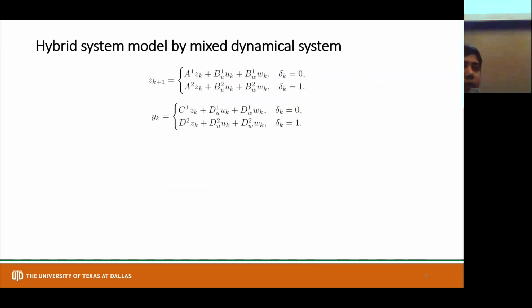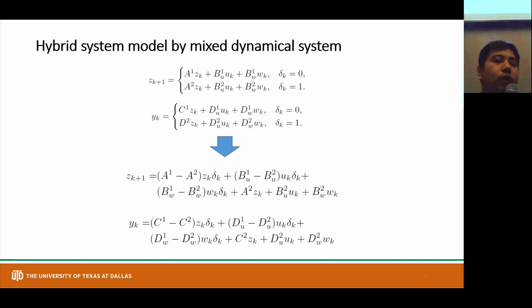And with these models of different modes, we can build a hybrid system model as a mixed dynamical system. Here we use additional input data to represent the model switch between the two modes.